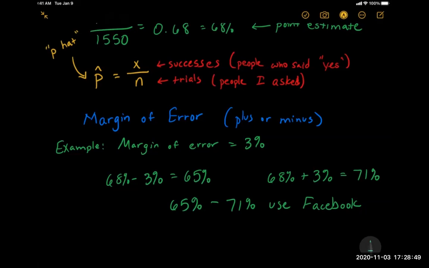But if I got like 100 people from the United States and then maybe like 200 people from China, and then I got like 75 people from Russia, you know, people from all the countries all over the world, and I got 68%, it'd probably be reasonable for me to say if I asked everybody, it'd be 68%.